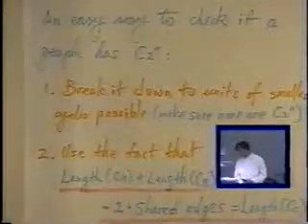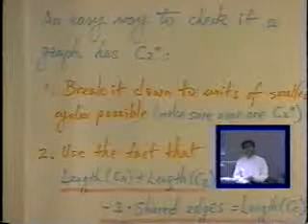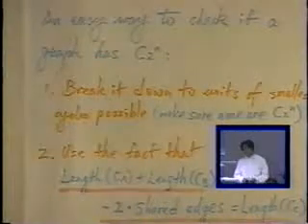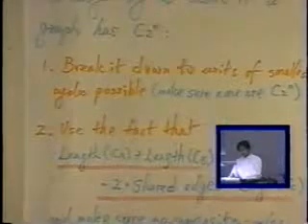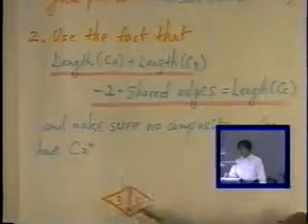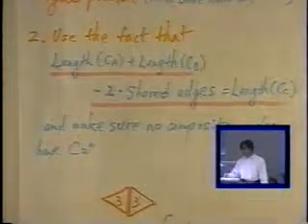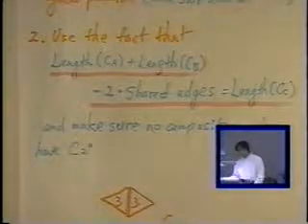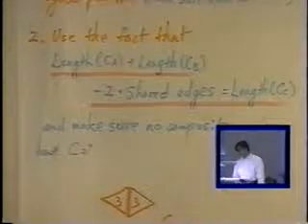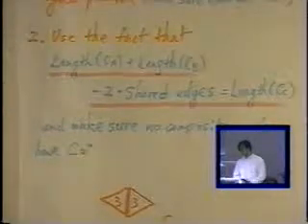Then I use the fact that the length of cycle A plus the length of cycle B minus the shared edge, like in here, we have 2 cycles of 3s, and they share one edge here. So the combined composite cycle is 3 plus 3 minus 2 times 1, which is a 4.